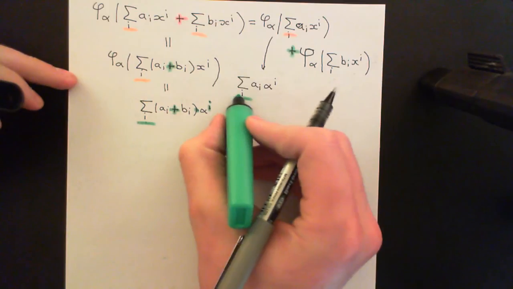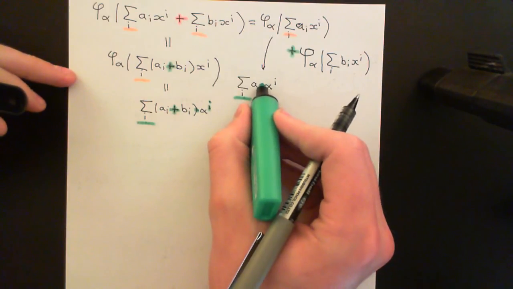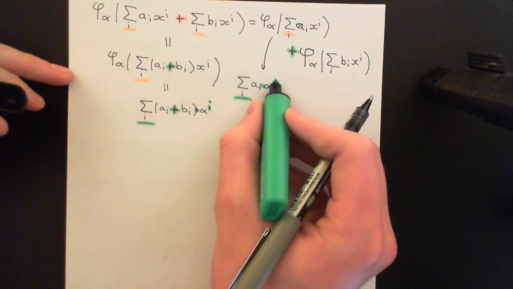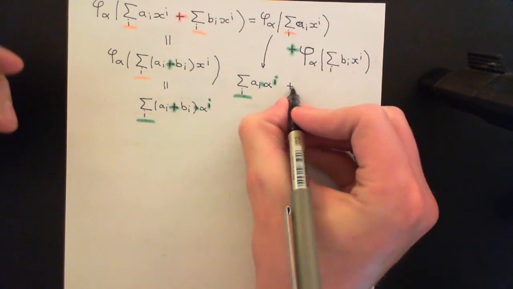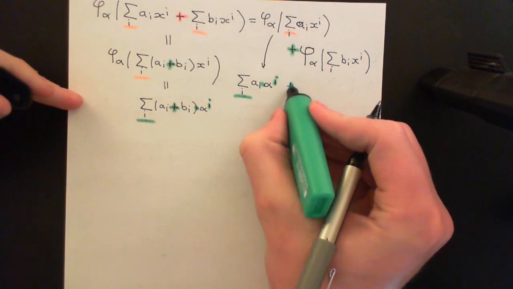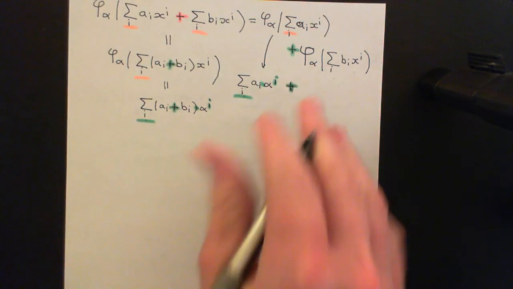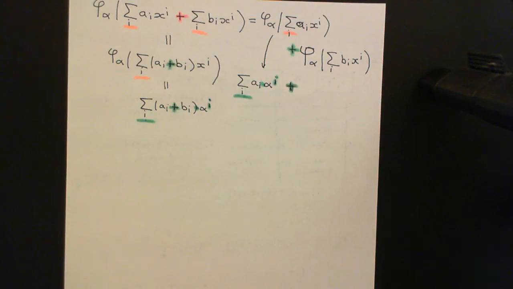So this is addition in the actual ring, capital R. This is multiplication in the ring, capital R, taking to the power of i. That's in the ring, capital R. And then we're going to be adding this in the ring, capital R, to phi sub alpha of the summation over i of b_i x to the i.